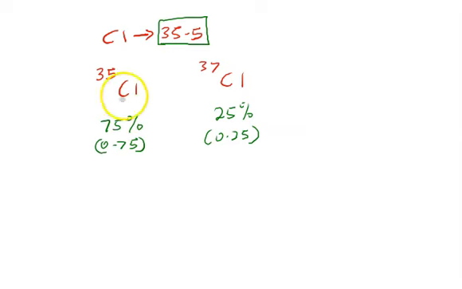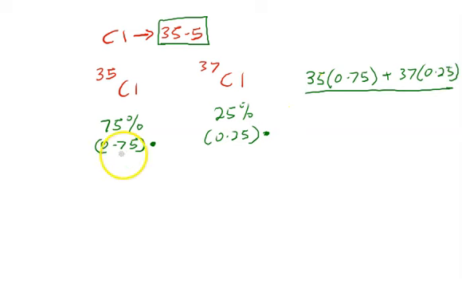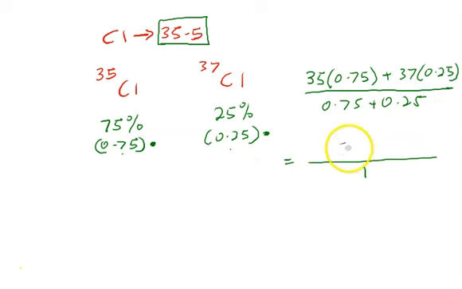We will take this ratio and multiply them. So this is the calculation: 35 multiplied by 0.75 plus 37 multiplied by 0.25, divided by both of these added together, and you will get 1 here and you will get 35.5. So this is the average.